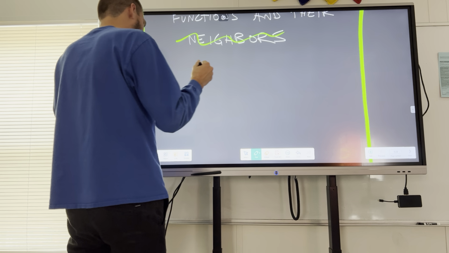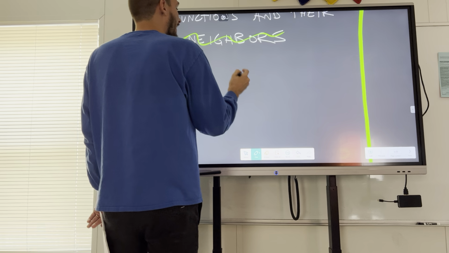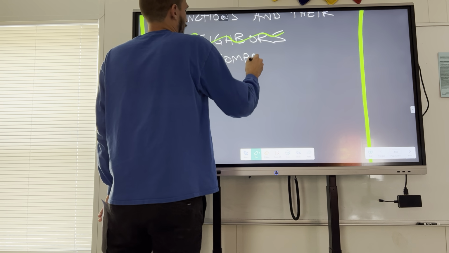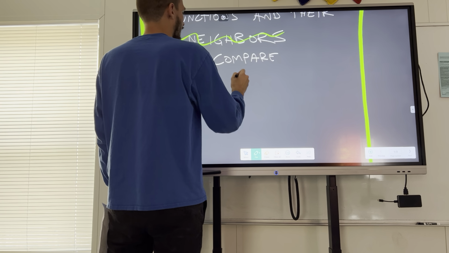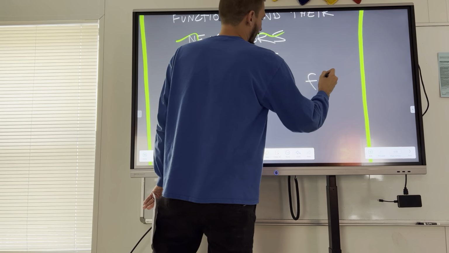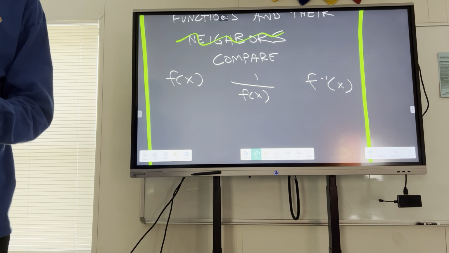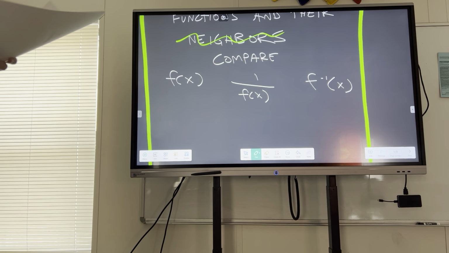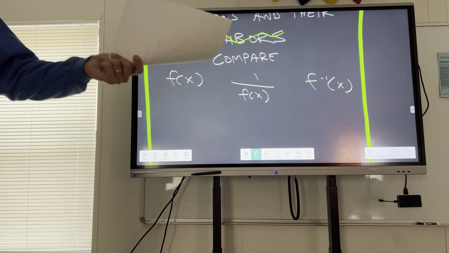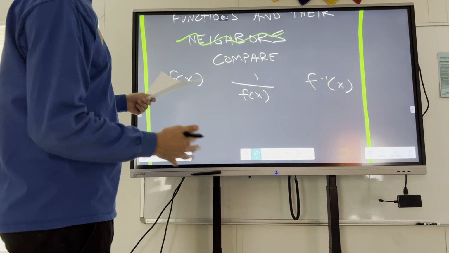So, I want to talk about how f of x compares with 1 over f of x compared with f inverse of x. These are things that we've done a little bit of math with, but how do these compare to each other? How do the graphs look? What parts carry over? What parts change?